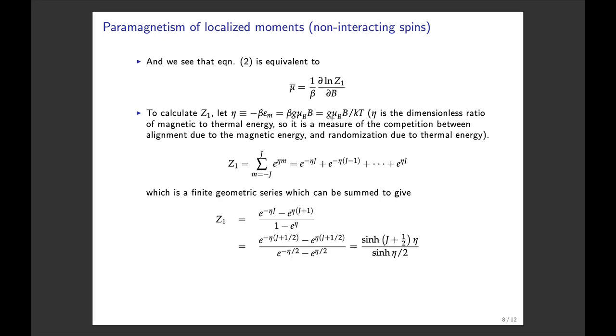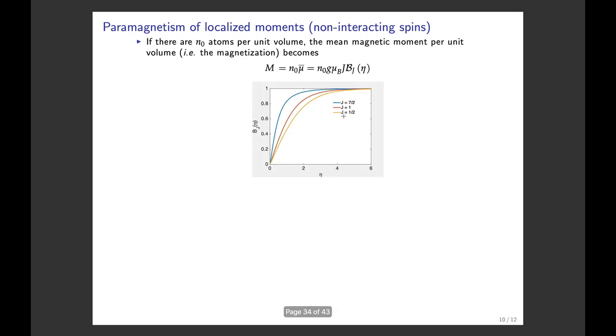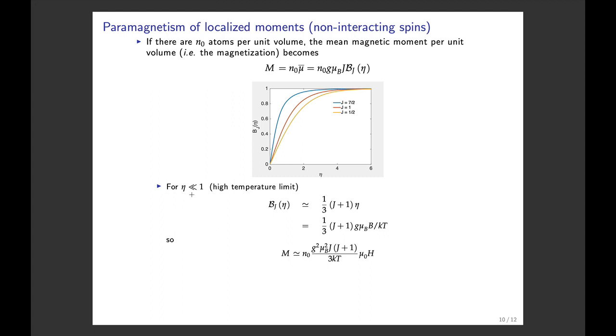The magnetic energy is g mu B times the magnetic field. Anyway, the high temperature limit means eta is small, and it's very easy to find that the Brillouin function in this limit, small eta, is just 1/3 (J plus 1) times eta. That's why it's linear. And you can write this, of course, in terms of kBT.